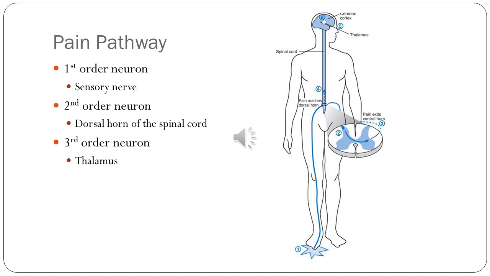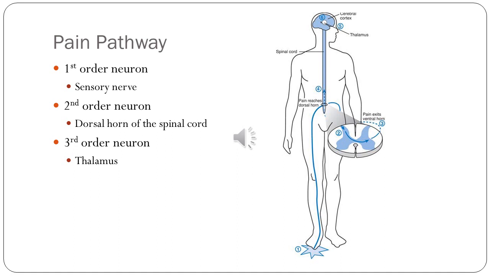It's at that point, where the second order neuron travels from the dorsal horn up to the thalamus, that you know that you have pain, but you don't know where yet. In other words, when the pain signal is at that point in the pathway, your body knows something is injured but doesn't know where yet.